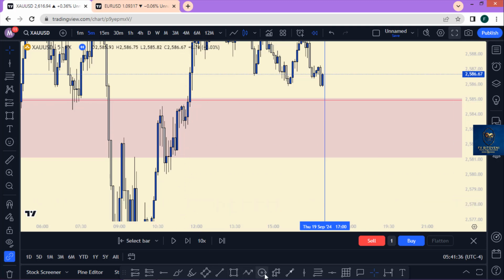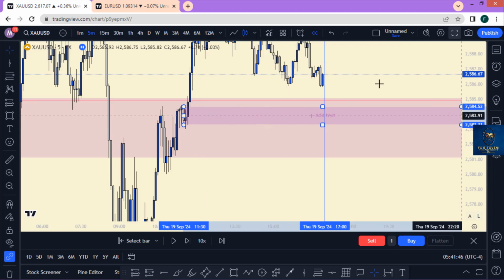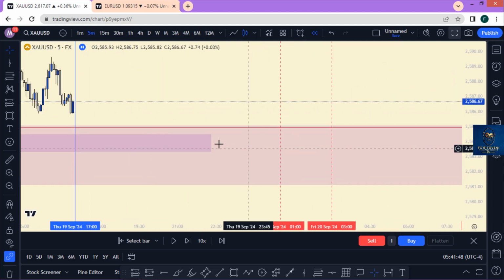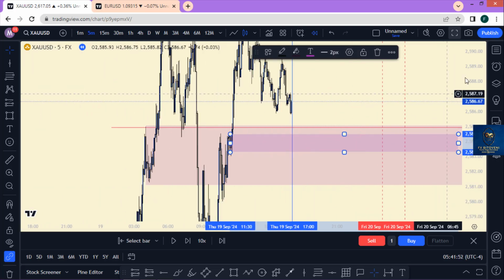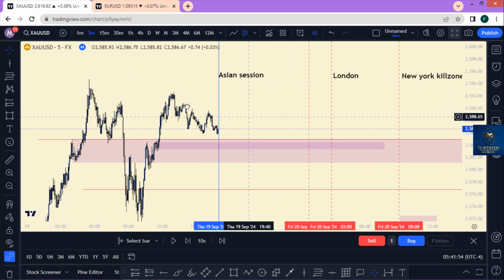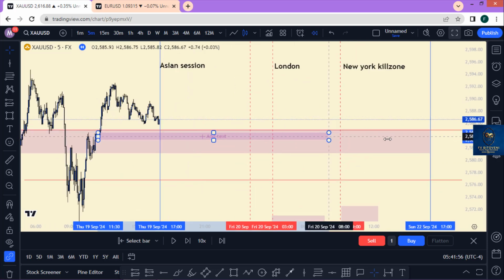Then you can mark it. You can mark this bearish candle. This is the zone for the day. We are going to frame our setup from here.